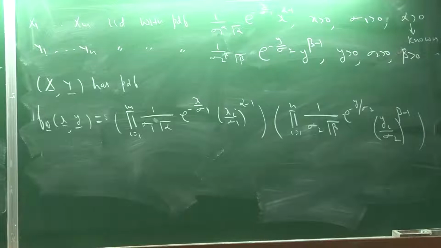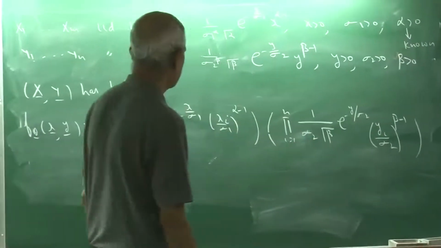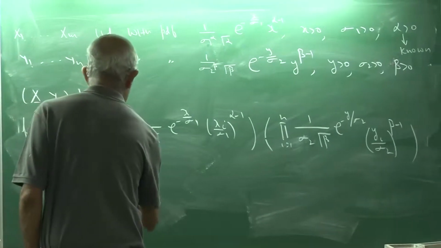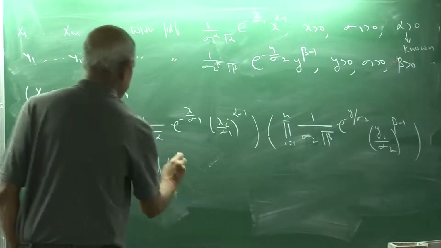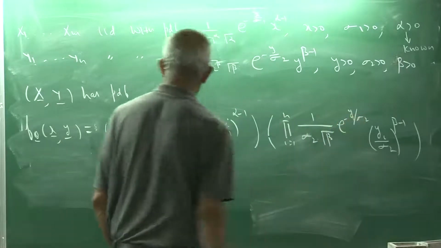So I have to see whether this can be written in this form or not. So sigma 1 to the power m can come over here, sigma 2 to the power n can come over here. So this is the same as 1 upon sigma 1 to the power m, sigma 2 to the power n, f of, this would be xi, this would be yi.